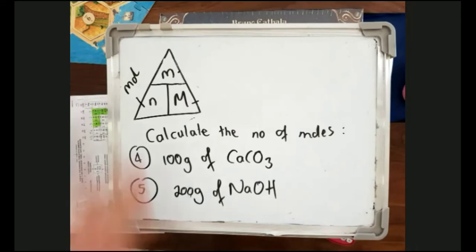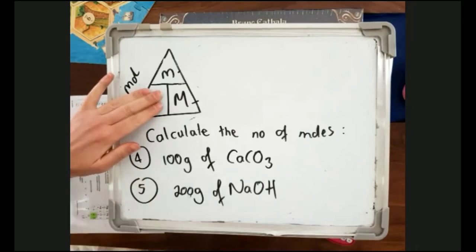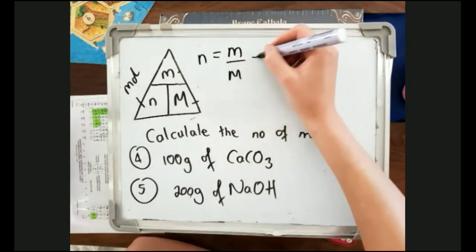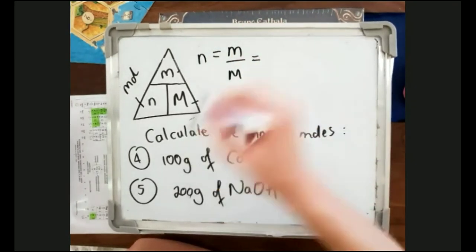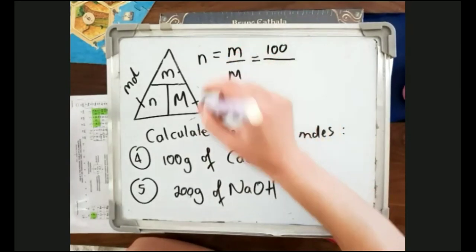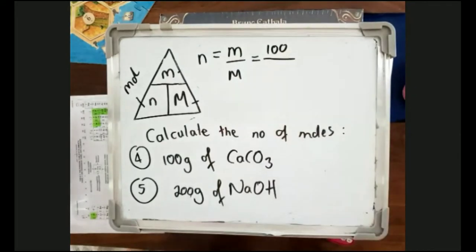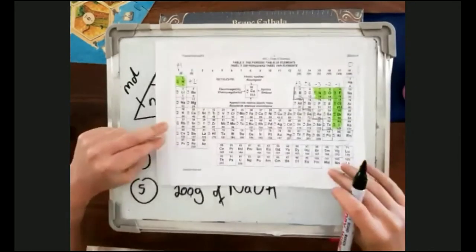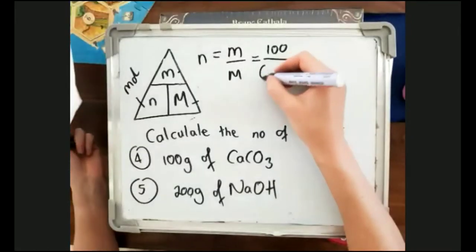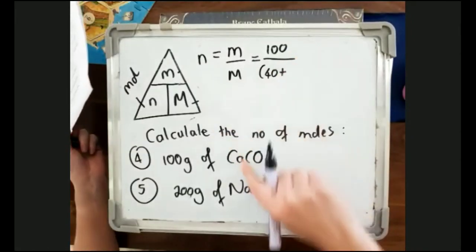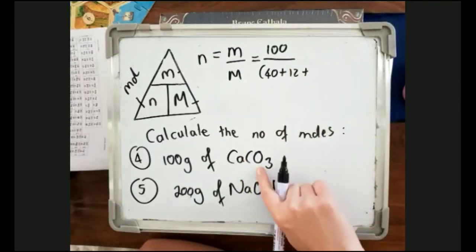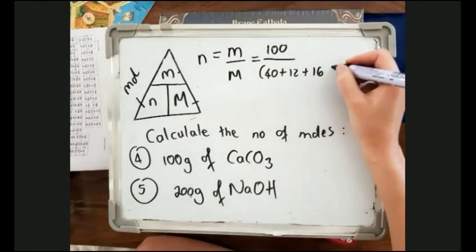So like I said, if you're looking for moles, cover that one in the triangle. So mole is equal to mass over molar mass. The mass of calcium carbonate is 100. The molar mass is from the periodic table. So calcium, which is 40, plus carbon, whose molar mass is 12, plus oxygen, but there's 3 of them, so 16 times 3.